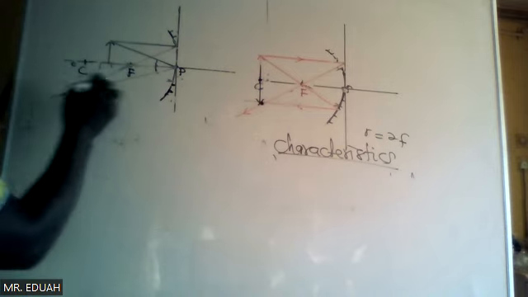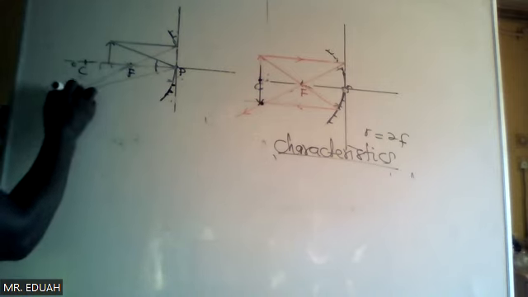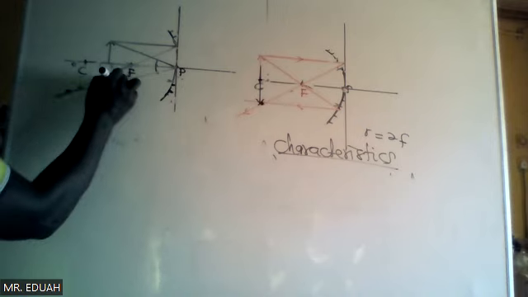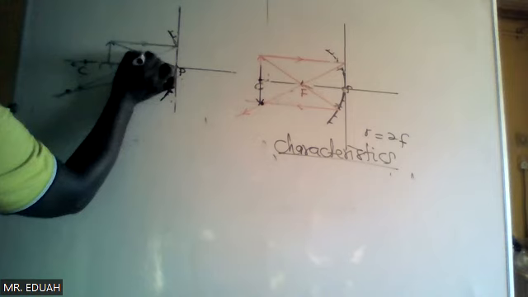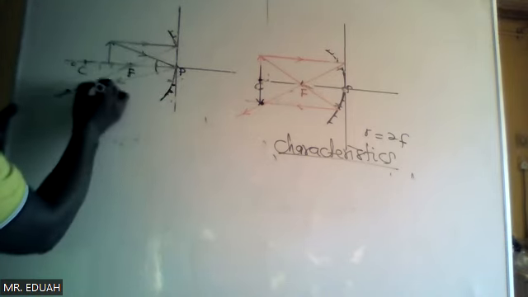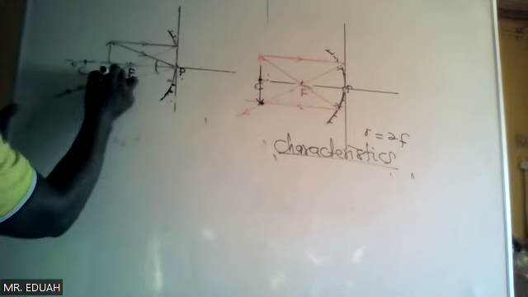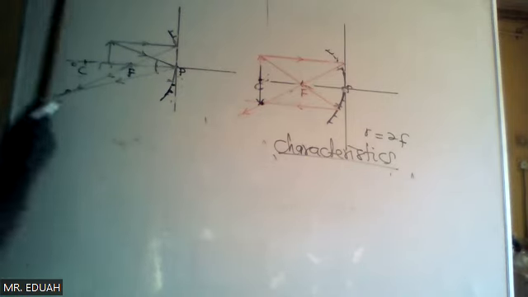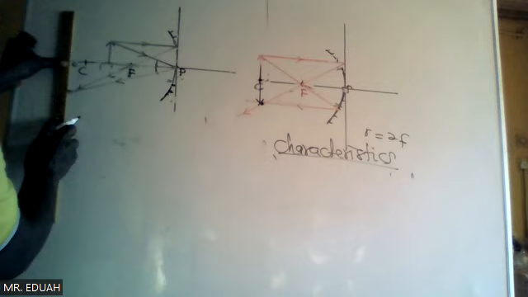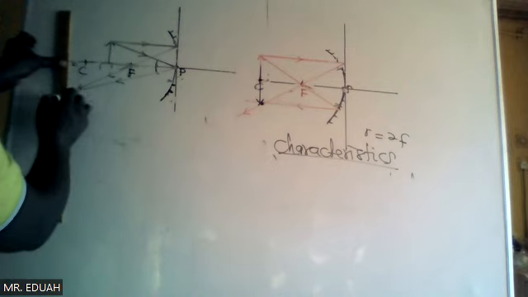Okay. So this is where the rays are intersecting. The reflected rays. So incident. These are the reflected rays, and they are all intersecting here. This is the image formed.